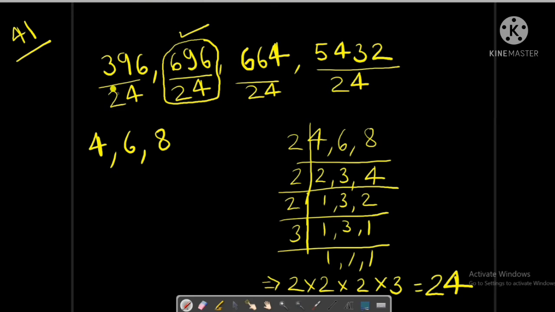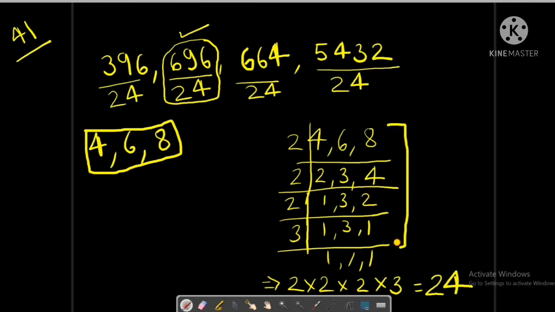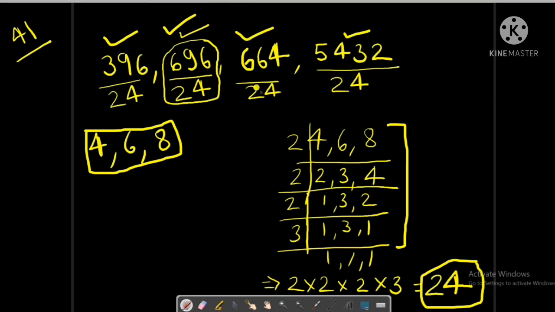ओके, देखिए जो आपको 4, 6, 8 की बात कर रहा है, इन नंबर्स का मल्टीपल जो होगा तो हमें इनका पहले एलसीएम निकालना होगा. So this is how to calculate the LCM. You can see here this is the LCM of 4, 6, 8, that is 24. अब आपको ये चेक करना है कि कौन सा नंबर ऑप्शंस में से, चार में से 396, 696, 664 और 5432 में से जो 24 से कम्प्लीटली डिवाइड होता है.